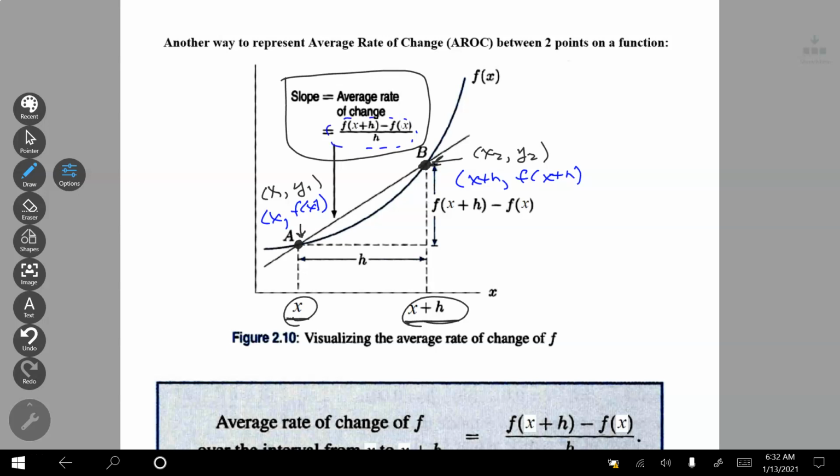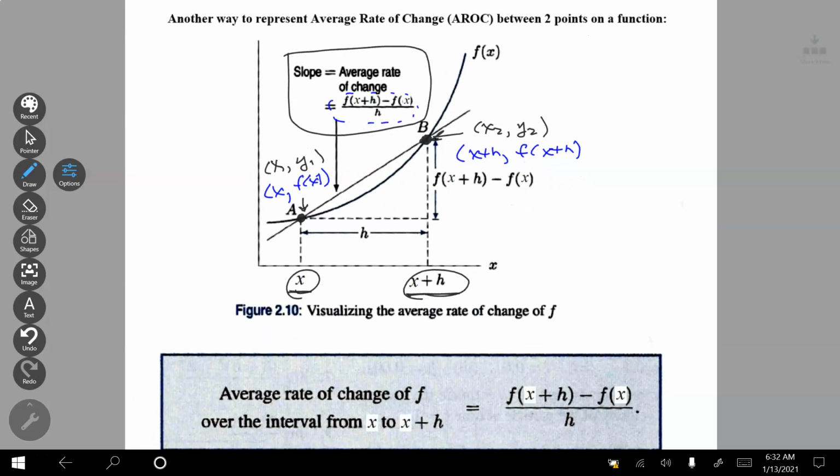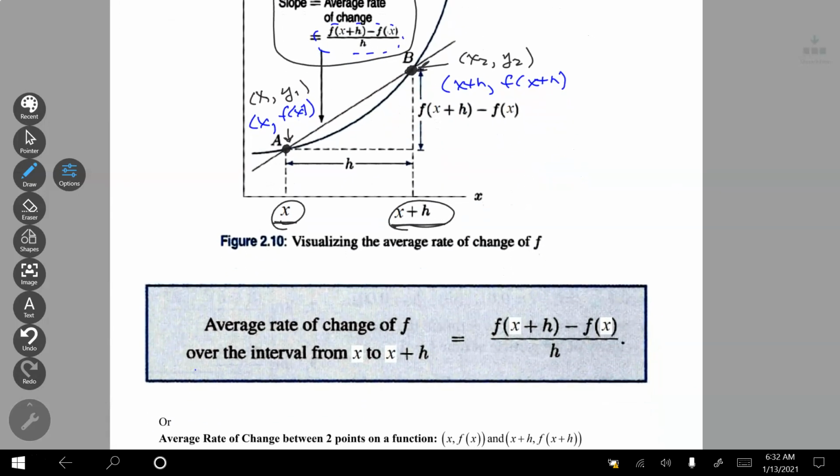Because this formula is still the change in y over change in x, or y2 minus y1 over x2 minus x1. So over here, this is what we're going to do. The average rate of change between those two x values is equal to this formula, and we're going to work with this formula. And this is a formula we're going to practice a lot, all the time.